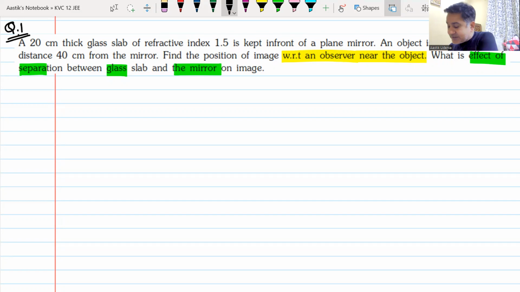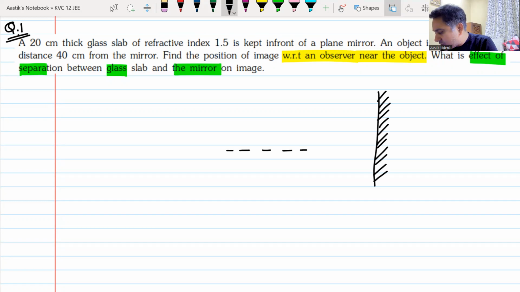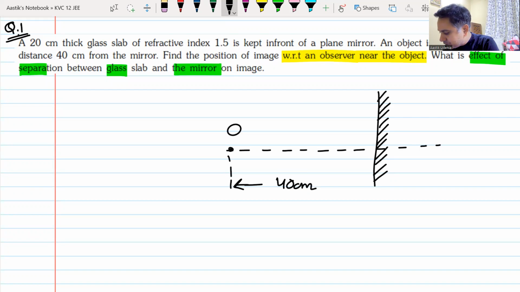You can draw a simple diagram. Remember, the diagram may not be very complicated. A simple diagram will serve a purpose. This is a plane mirror. Drawing the diagram correctly will help you. Then I have, let us say, an object O. The distance of the object O from the mirror is given as 40 centimeters.